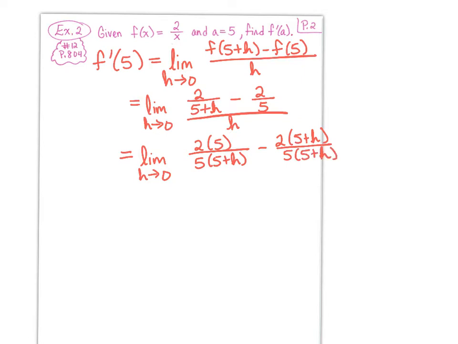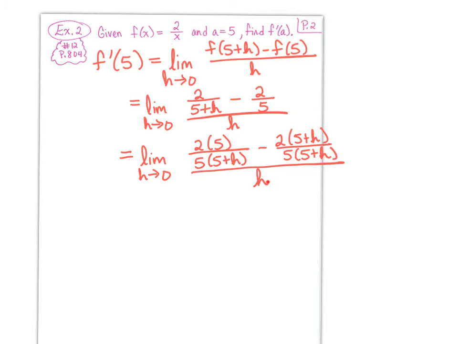All of that divided by h. So what we did was we found the common denominator here in the numerator. It's 5 plus h times 5. So we put the 5 over 5 here, which is 1, so we don't change the equation. And here we put 5 plus h over 5 plus h. Does that make sense?